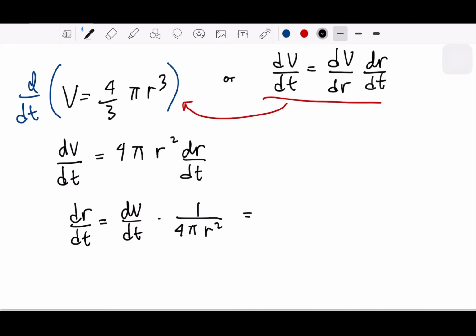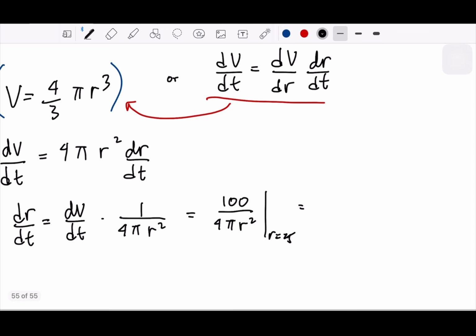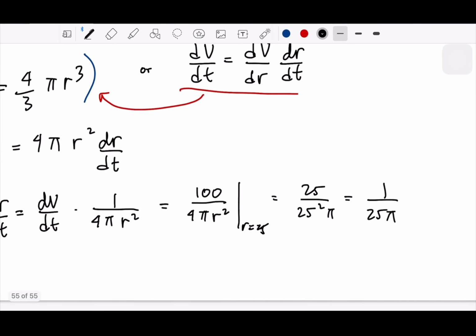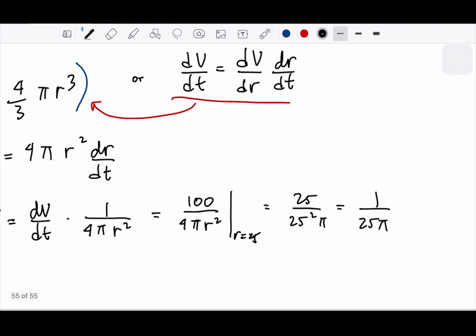And this will be 100 divided by 4 pi r squared. And at r equal 25, this will be 25 over 25 squared pi, or 1 over 25 pi. So the rate of the radius will be 1 over 25 pi centimeter per second.